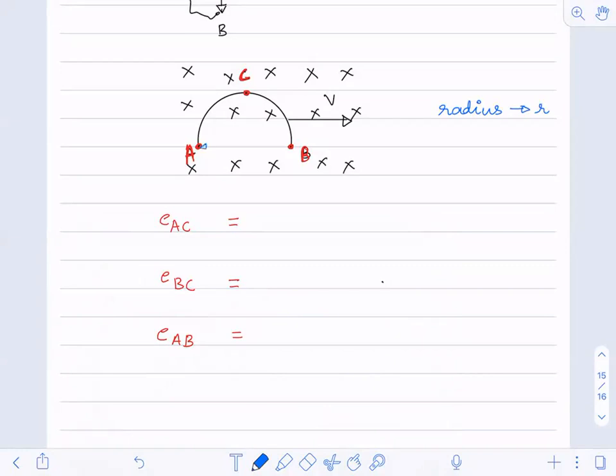So what will be this distance? 2R. So corresponding to this distance, will you have any EMF induced? If I had an equivalent wire kept like AB in this magnetic field, will you have any EMF induced across AB?